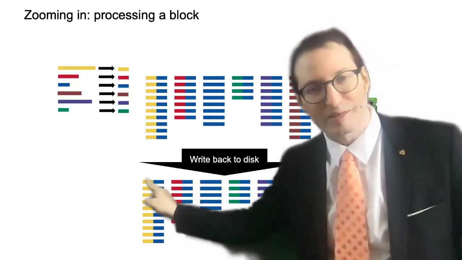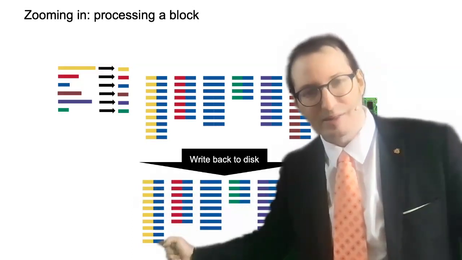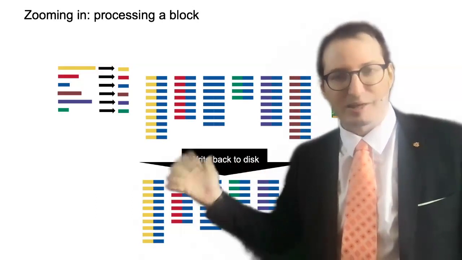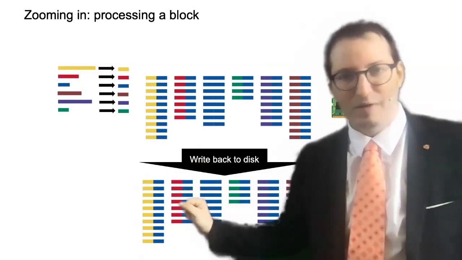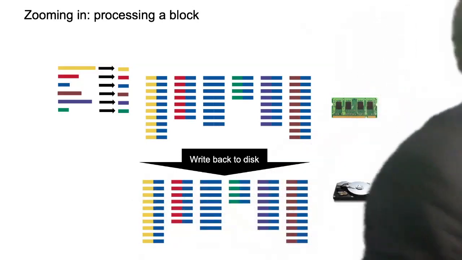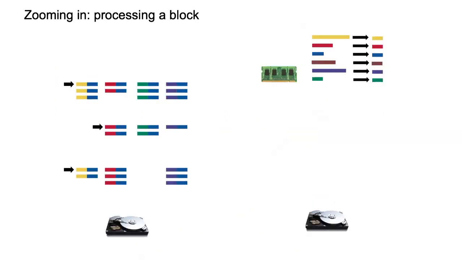You could write, for example, the yellow term ID just once, and then the document IDs, but without repeating the term every time. This is yet another way you can slightly compress, right? So there's two variants for this technique. But anyway, we write back to disk the term ID, document ID pairs. And then we're done with our current batch.